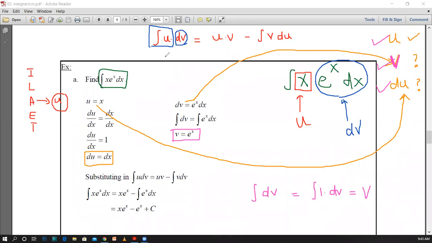Our function is in the form of the integral of u dv, so we have written down the left hand side of this equation: the integral of x times e to the power x dx. Then you can apply the integration by parts technique for the right hand side using this equation. It is now u times v. The function u was identified as x, therefore I am writing x here.